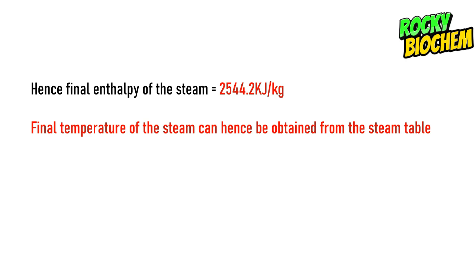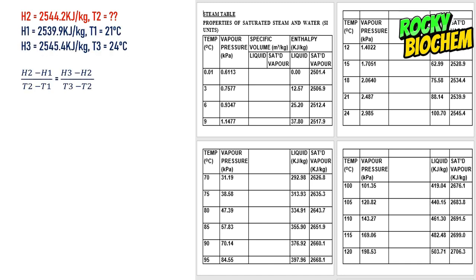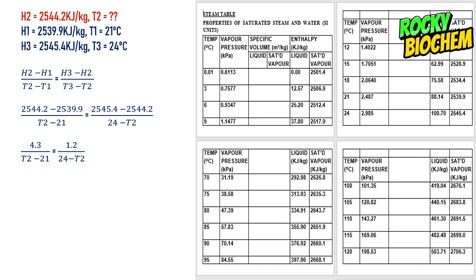After getting H2, we can use this value to look for the corresponding temperature from the steam table. When you go to the steam table, we can see that there is no 2544 found, but this figure can be found in between 21 and 24. So we can bring this value in the middle, look at the number on top of it and the number below it, and use them to find the corresponding T2.